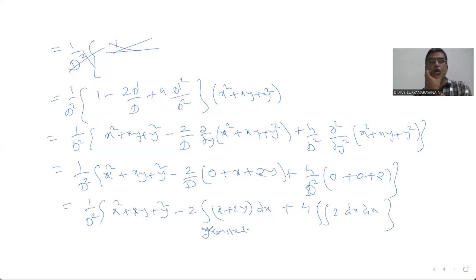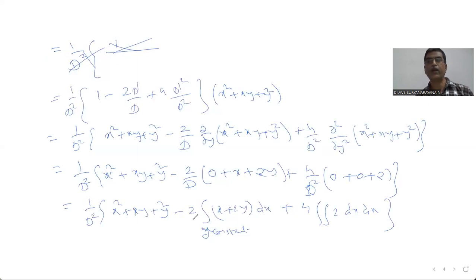Now, so 1 by D square of x square plus xy plus y square, minus 2 into the integral of x plus 2y with respect to x. Integral of x is x square by 2, and the integral of 2y with respect to x is 2y into x, because y is constant, and the integral of 1 dx is x.